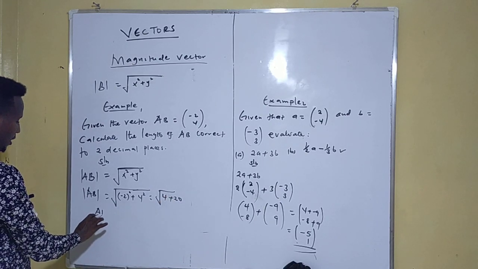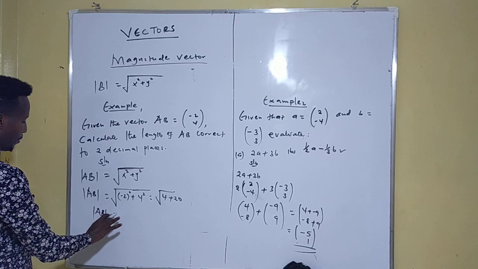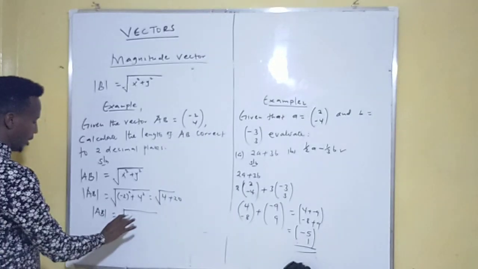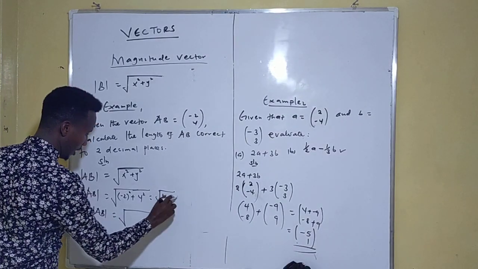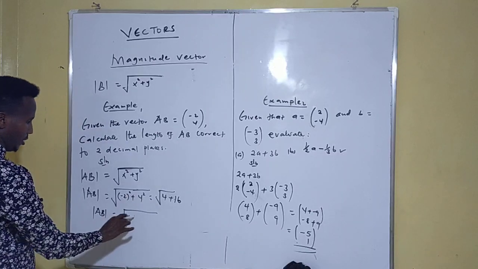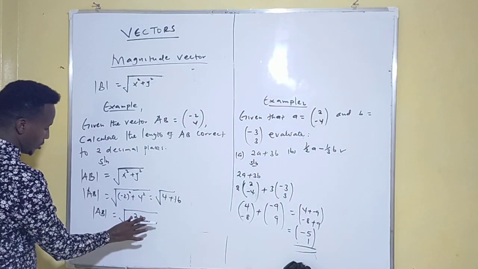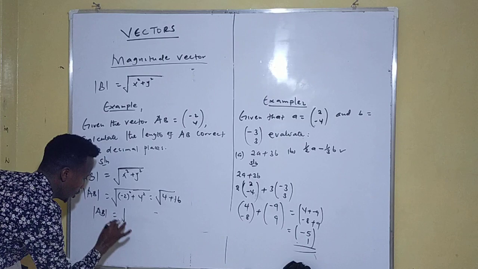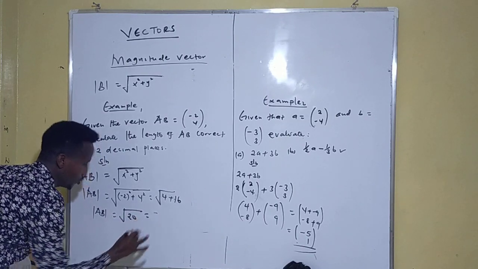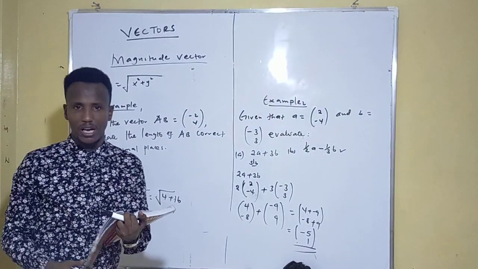So the magnitude of AB therefore will be, sorry, this is 16, yeah? Don't forget this 16. So it will be the root of 20. So this will give us how much? We are going to use our calculator.